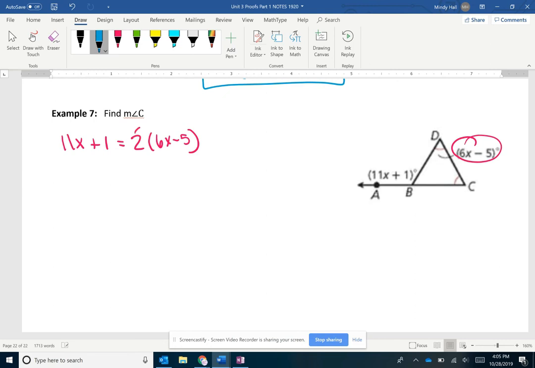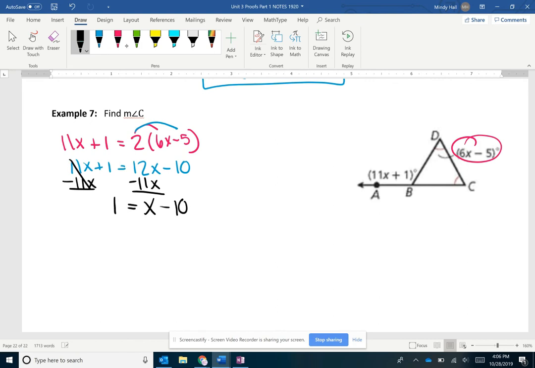So when we distribute, that would give us 12x minus 10. And then to solve this, we would want to get the x's together. So I would subtract 11x. I like to keep my x's positive, if you haven't been able to tell yet. And then I would want to add the 10 so I could get it away from the x, which gives me that x equals 11.